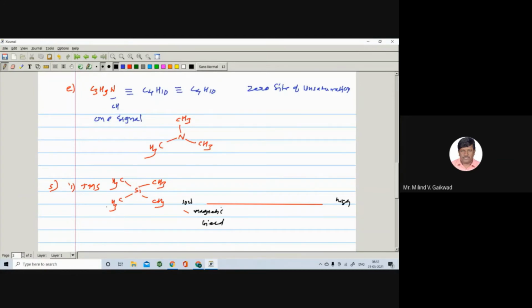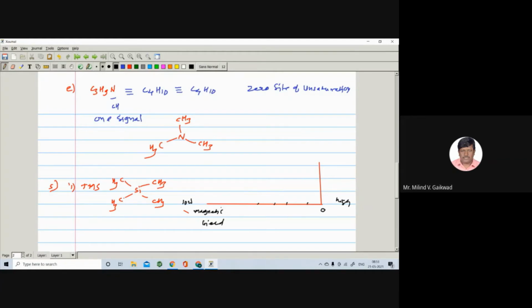It is observed that whatever organic compounds are known to us, this TMS appears at the highest magnetic field, and all the remaining absorb below that. So you take it as a standard, we take it as zero, and then our scale starts 1, 2, 3, 4 like this. And the distance from this TMS is called the chemical shift.